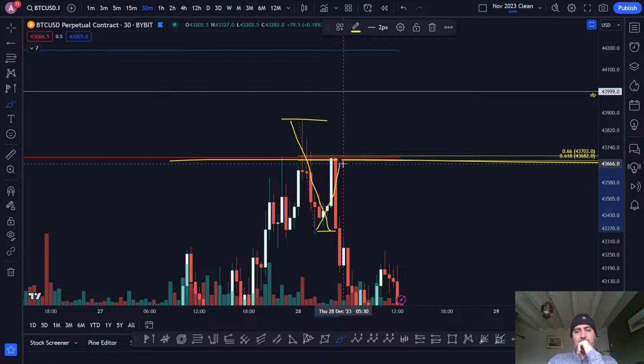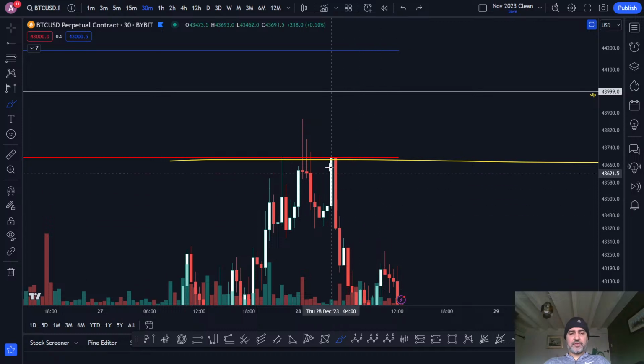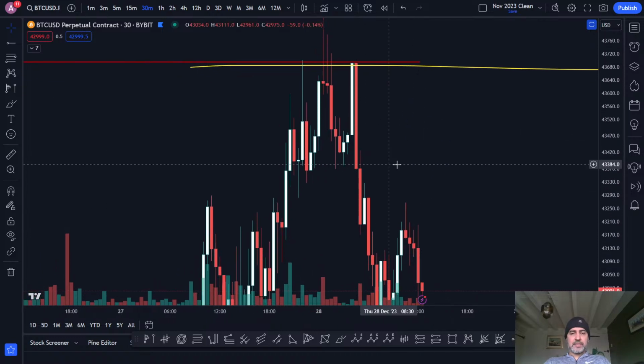Comes into the golden pocket, lines up perfectly with the range point of control. Doesn't close above, closes underneath, sells off with a bearish reversal candle. You see that red candle, that white candle, green, that green candle followed by that red candle? That's a reversal, and it doesn't look back.